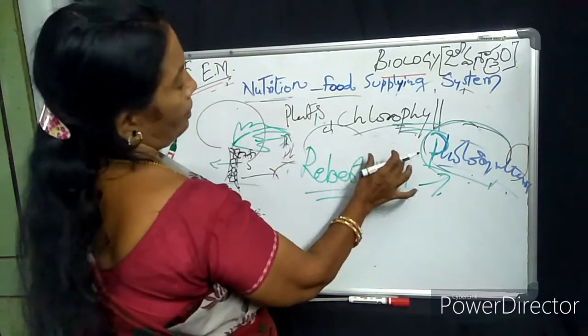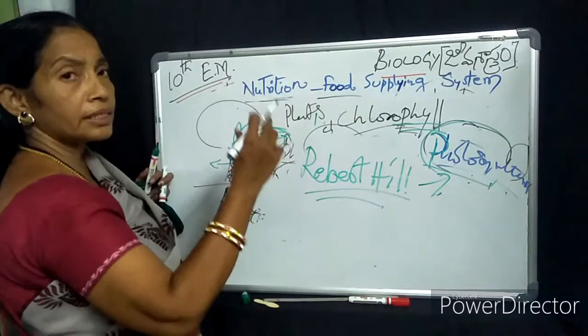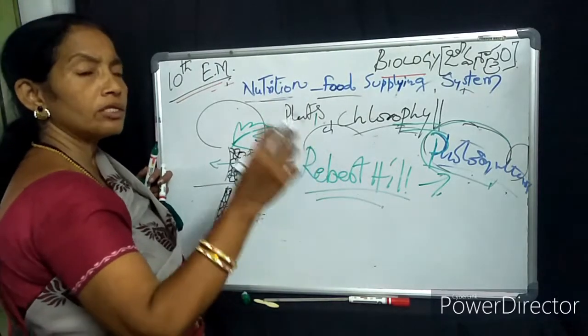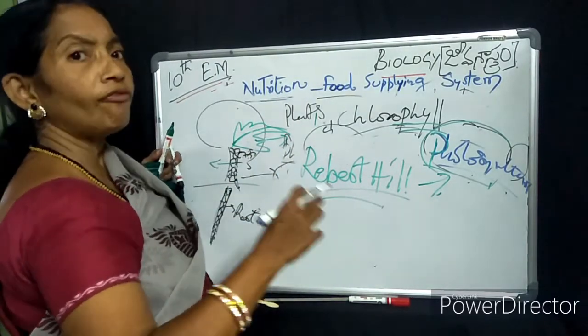Van Neal gave an explanation that when sulfur bacteria undergo photosynthesis, sulfur is evolved.